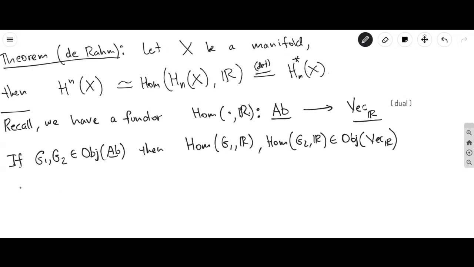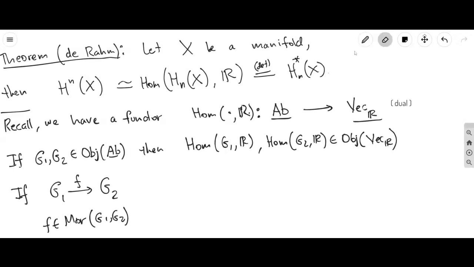Another thing that I wanted to say, that if you have a group homomorphism, so in other words, F is a morphism, so I'll write it as Hom from G1 to G2. This might be a little bit confusing because there's two different Homs. Maybe instead of calling it Hom, maybe I should just call it Mor, a morphism. A morphism from G1 to G2, this is a morphism in the first category.